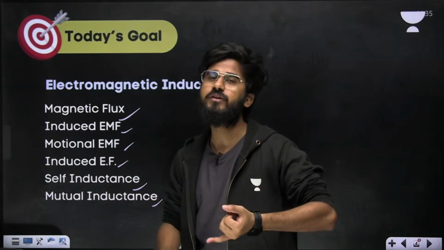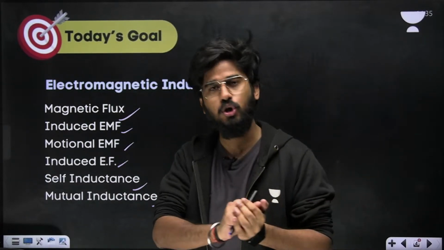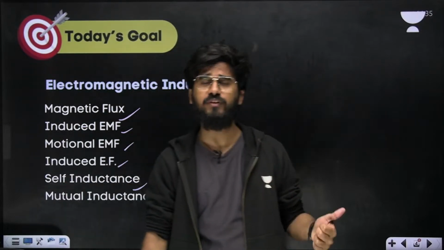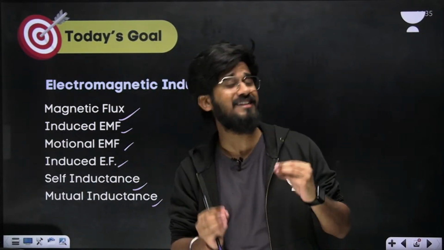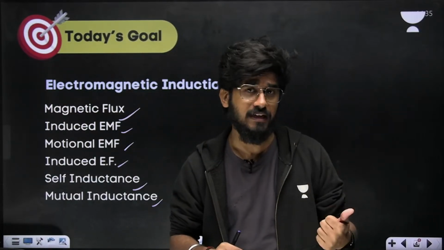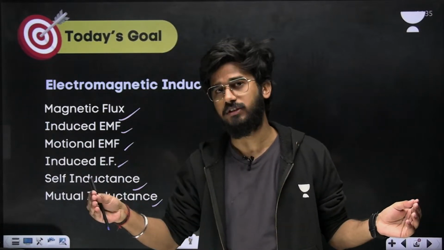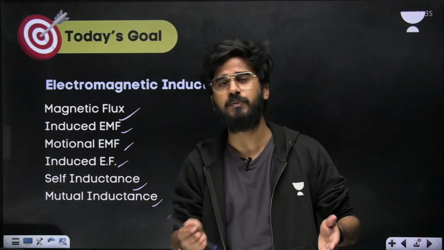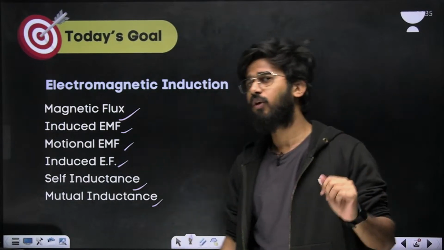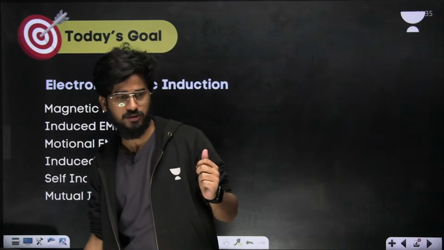In electrostatics, we saw that the charge is at rest, and we calculated the force on the charge. In magnetism, we saw what force a charge moving with constant velocity experiences. But in this session, we are going to see what happens if a charge is accelerating, moving with variable velocity, with increasing or decreasing speed. What is electromagnetic induction? What is induction? We are going to see that in this chapter.